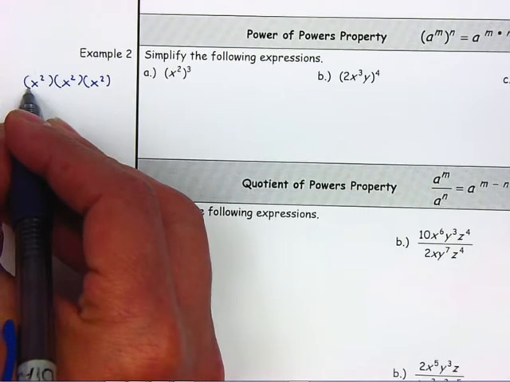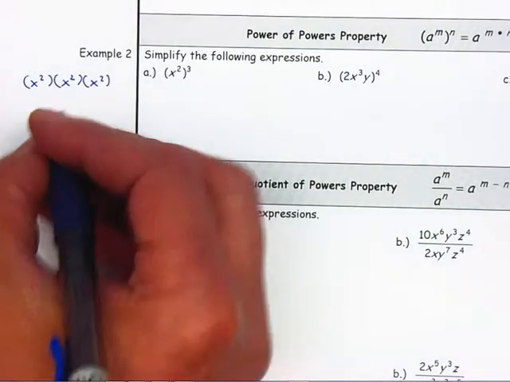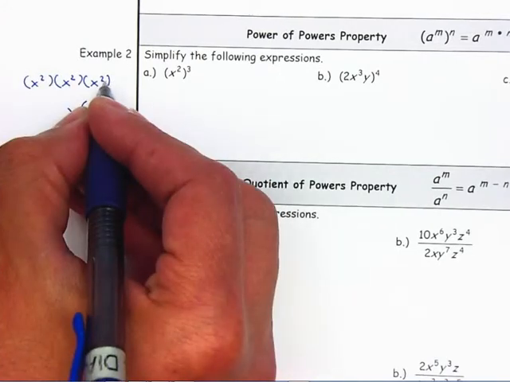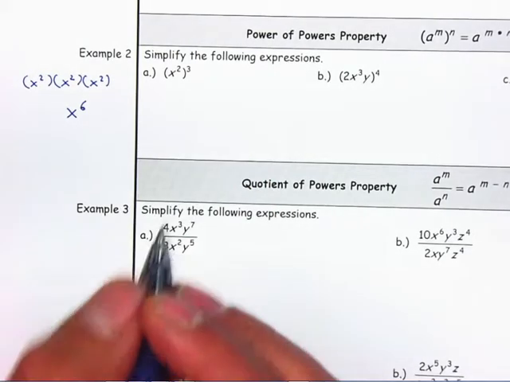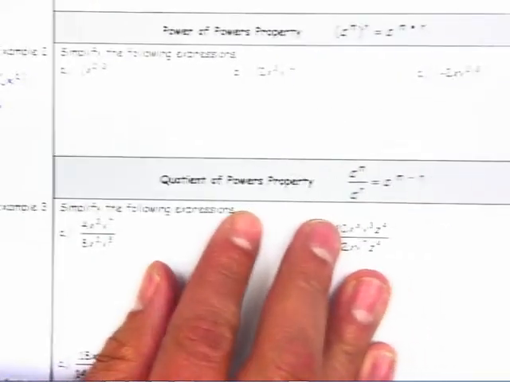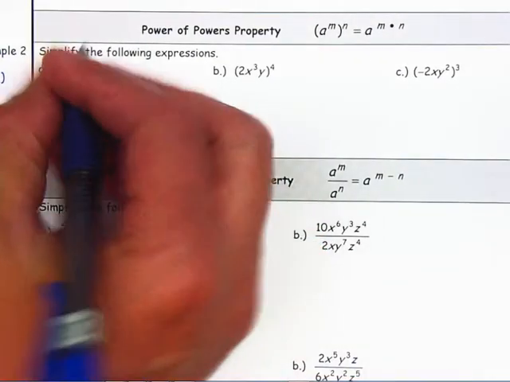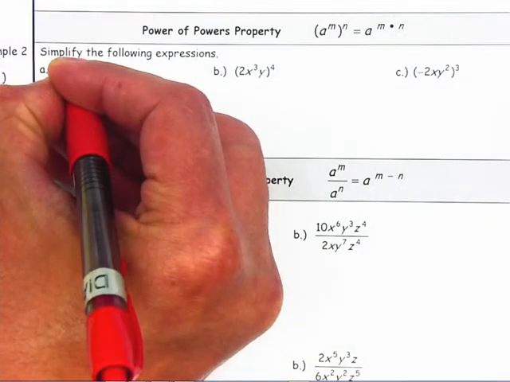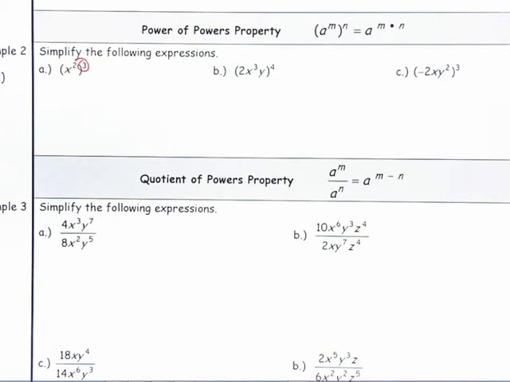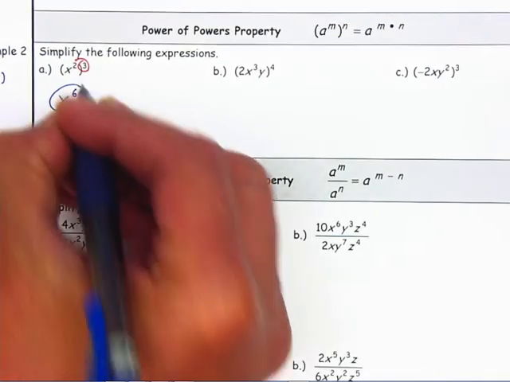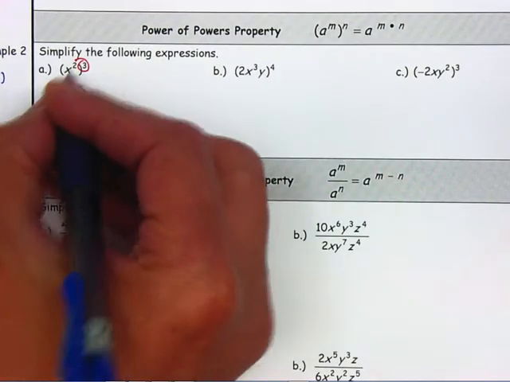So how many x's do we have? 2, 4, 6, or x to the 6th. If you want to do this on every single problem, you can. Or the power property of exponents tells us that we can just multiply, just like the distributive property. So you distribute the 3 to the 2. That gives x to the 6th power, so 3 times 2 gives us 6.